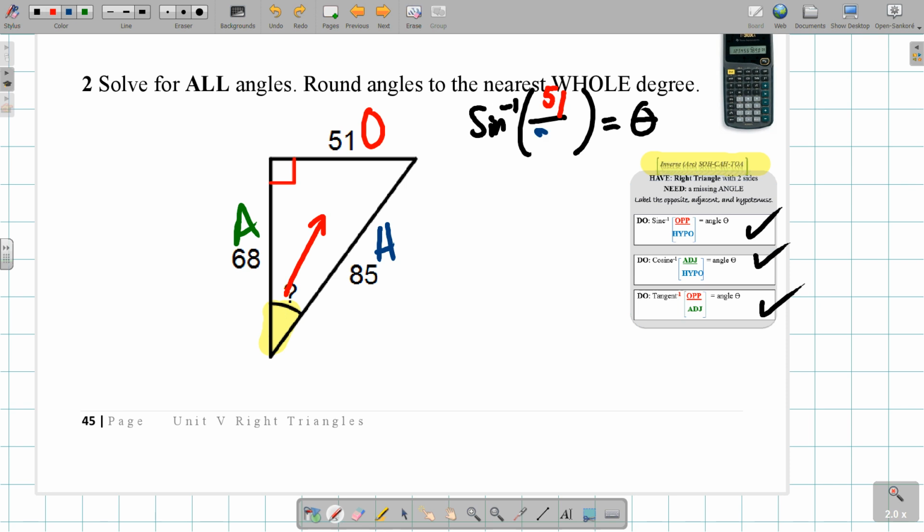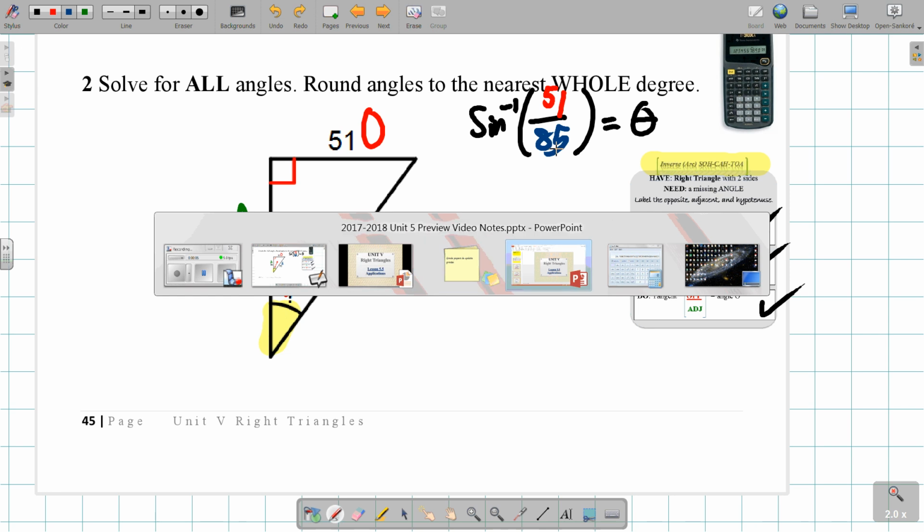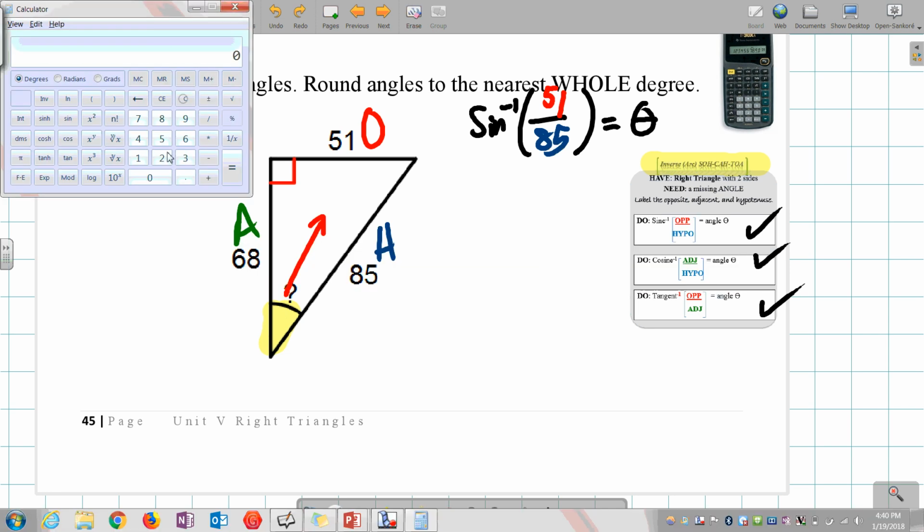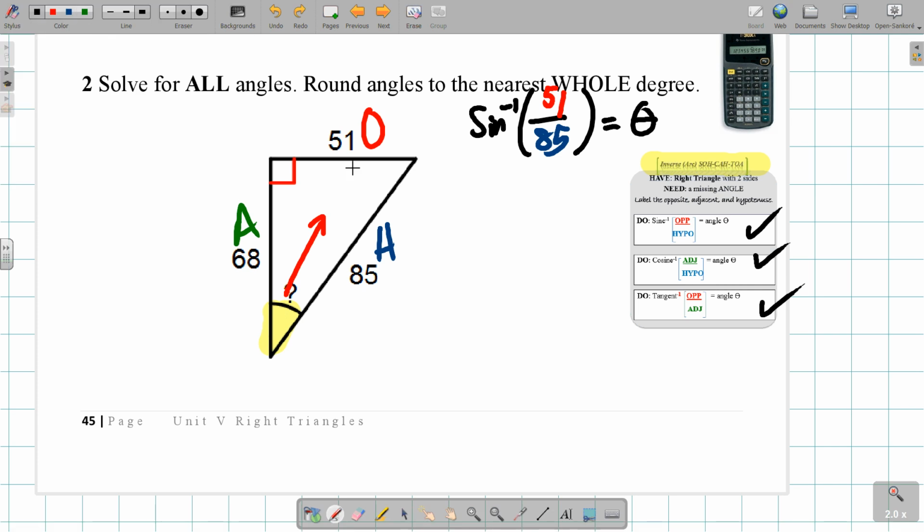My hypo is 85. And I'm going to round to the nearest whole degree, so that's going to be 37 degrees. Take that away from 90 because this is 90. And this should be 53 degrees.